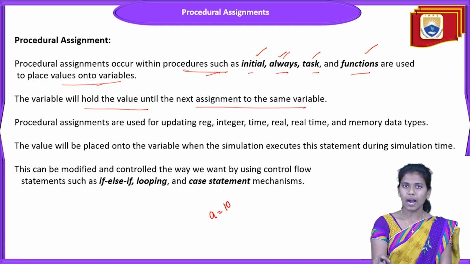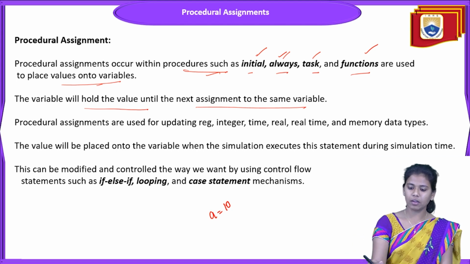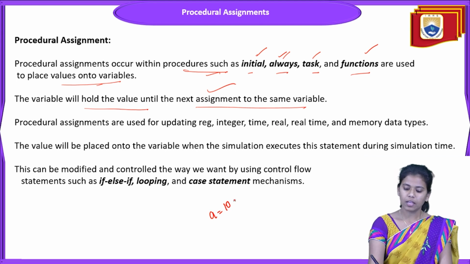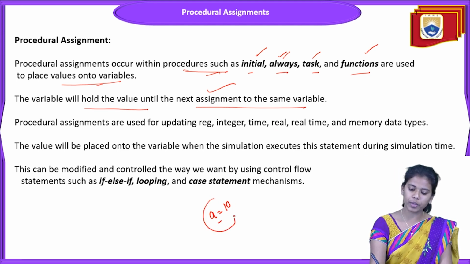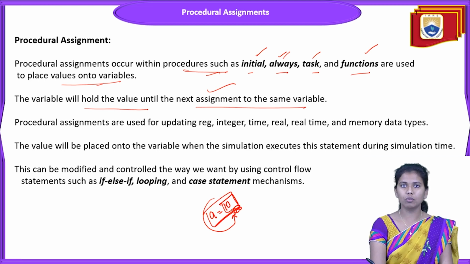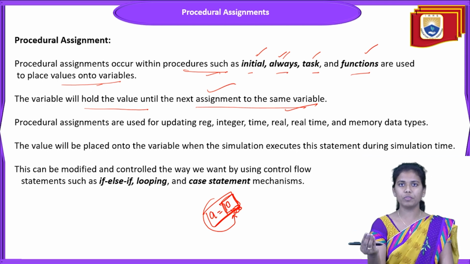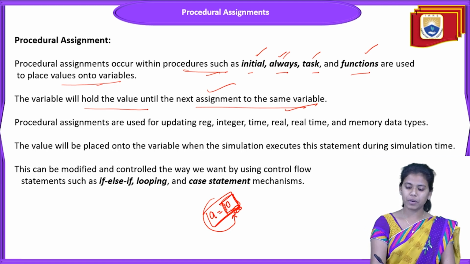It will hold that value until and unless the next assignment to the same variable occurs. Until the next value of the same variable occurs, the present variable will hold the particular value.